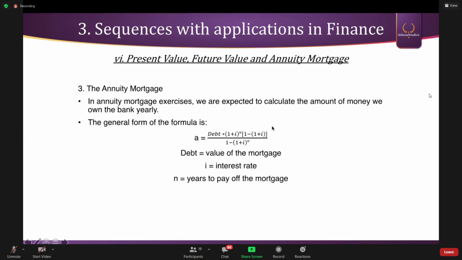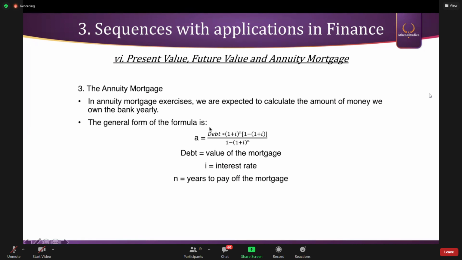The last thing, the annuity mortgage. In annuity mortgage exercises, we are usually expected to calculate the amount of money we owe the bank yearly. So basically what we have to calculate is this amount of money that is considered to be the amount of the mortgage plus the interest already included in the calculation.